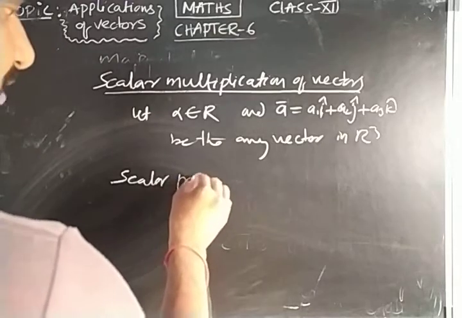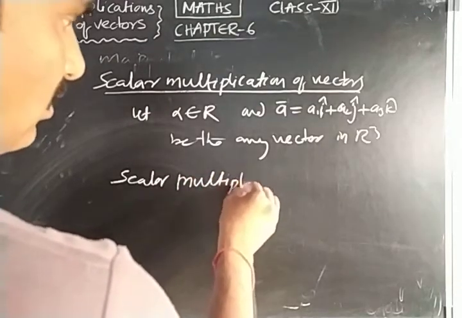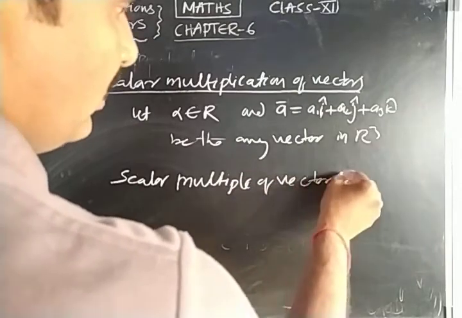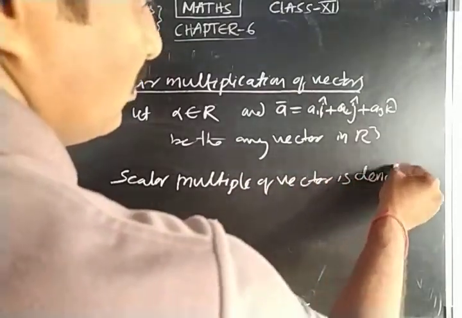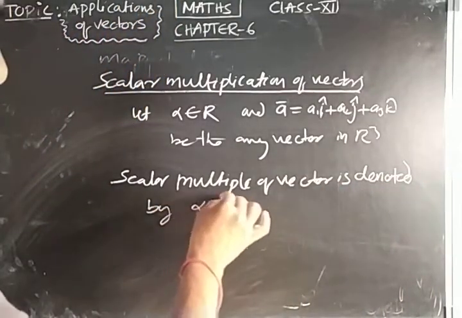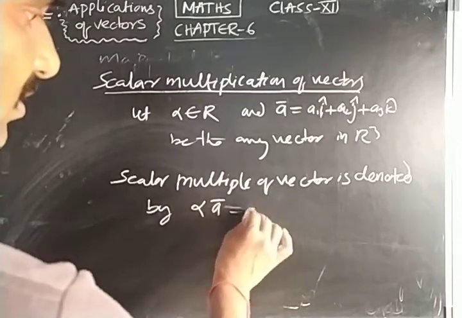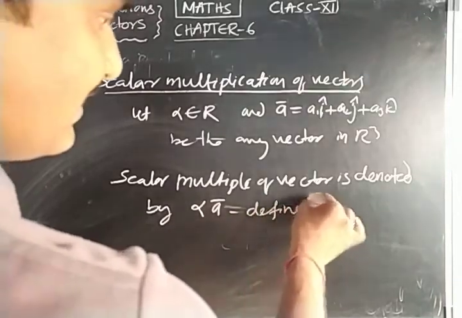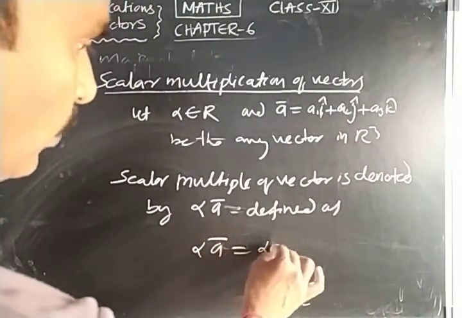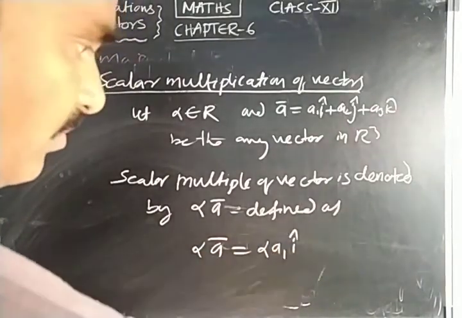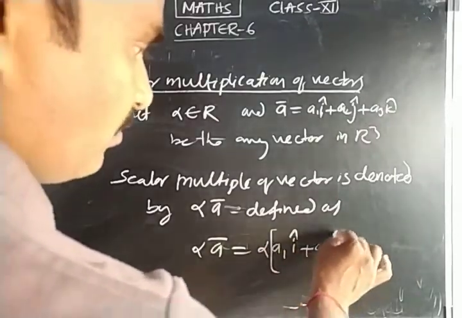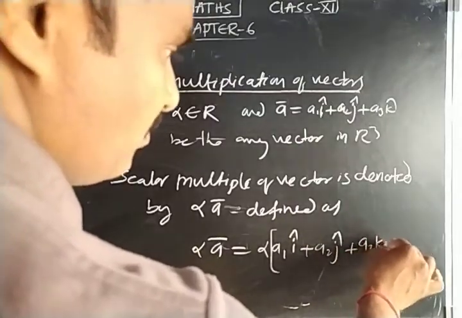Now the scalar multiple of a vector is denoted by alpha into a bar, defined as alpha into a bar is equal to alpha into a1 i cap plus a2 j cap plus a3 k cap.